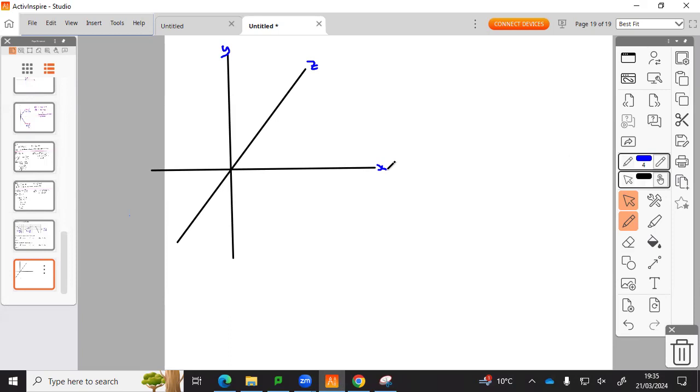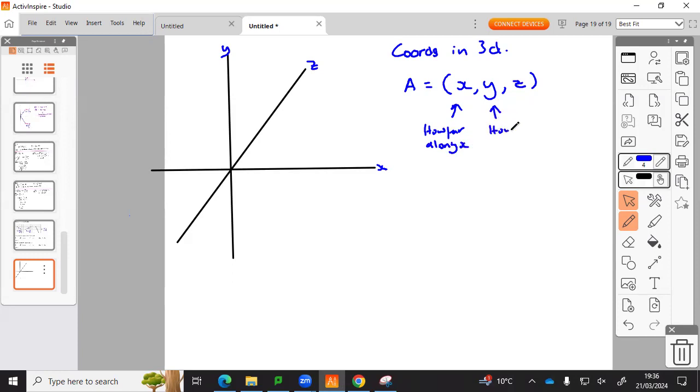Now let me find a point on that. Coordinates in 3D will be of the form, so coordinate A will be X, Y, Z. How far along X?